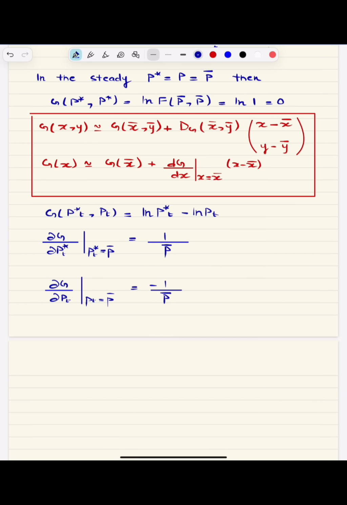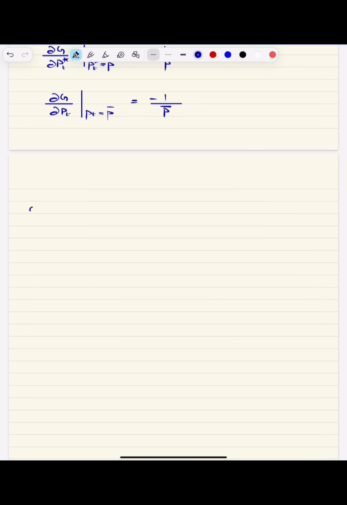Okay, so a linear approximation would be g of P star, PT is approximately equal to g of P bar, P bar plus a row vector: the derivative of g with respect to P star when P star takes value P bar, and the derivative of g with respect to P when P takes value P bar.